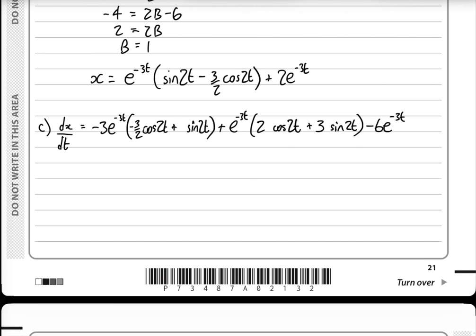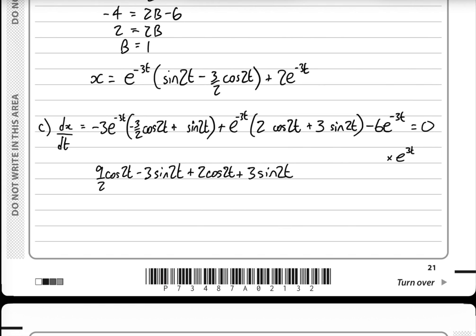And we're asking the question when this equals 0. So the very first thing I'm going to do to make it all much easier is multiply the whole thing by e to the 3t. I'll also expand the brackets out as we go because that cancels all of the exponent parts. 9 over 2 cosine 2t minus 3 sine 2t plus 2 cosine 2t plus 3 sine 2t.